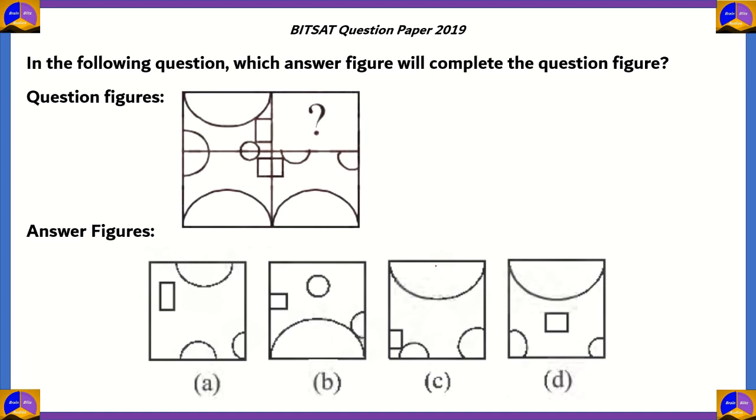And the diameter should also be present on the outer edge, because as you can see over here on the top left tile, we can see that the semicircle is on the outer edge. And also similarly in the bottom tiles, we can see that the large semicircle is having its diameter on the outer edge.